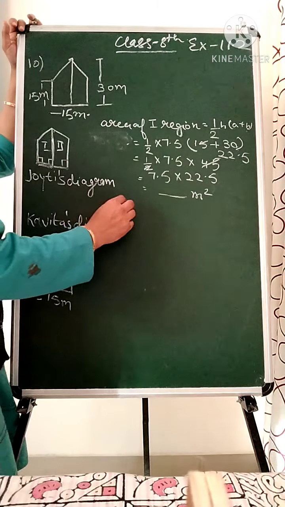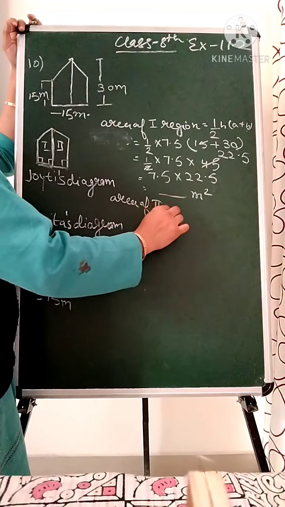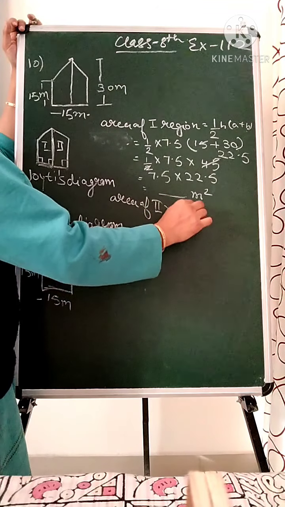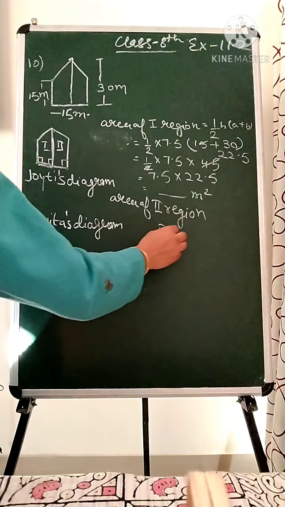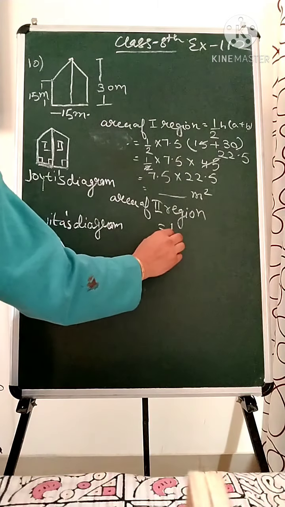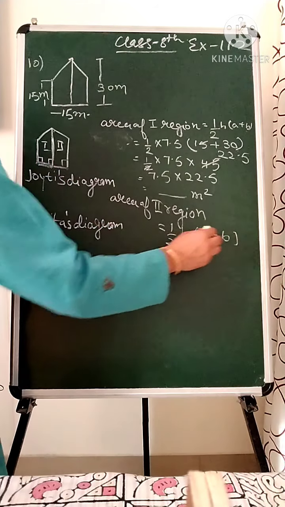Okay? Then area of region 2. Area of region 2 will also be a half into height into (A plus B). Clear?